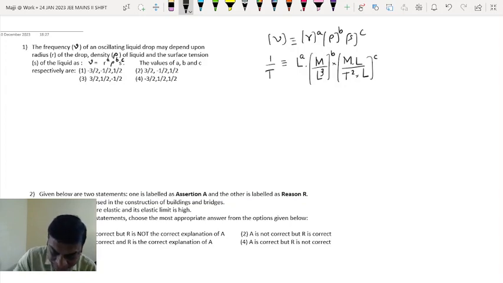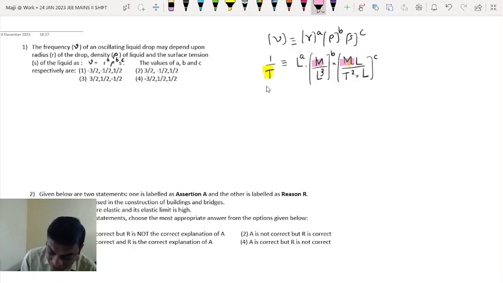Just see, the left hand side there is no M, but the right hand side there is M, and M must get cancelled, isn't it? So the powers of these two must be equal and opposite. That is, B and C must be equal and opposite. That is the first thing.